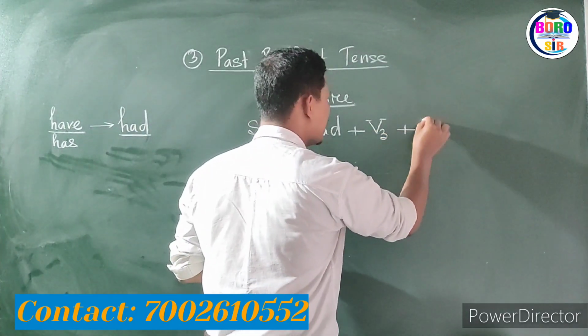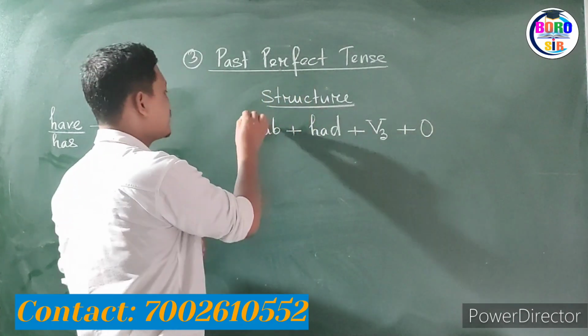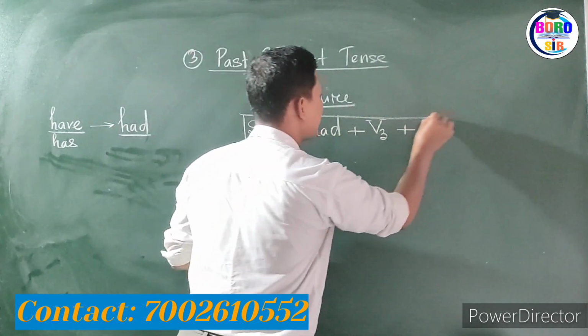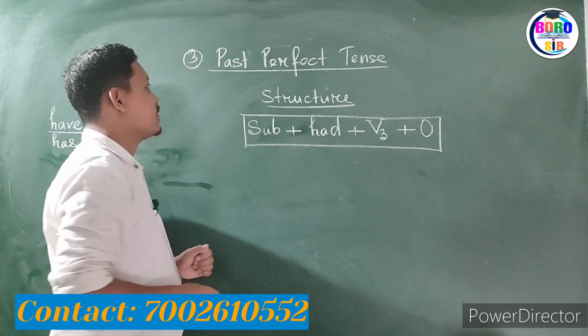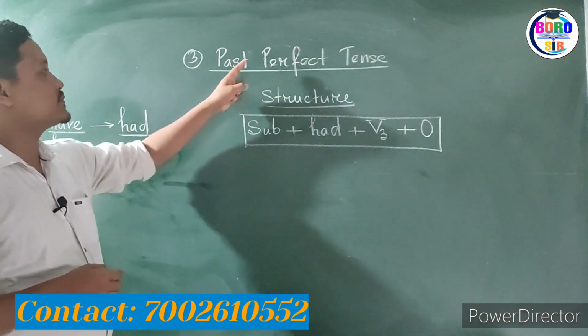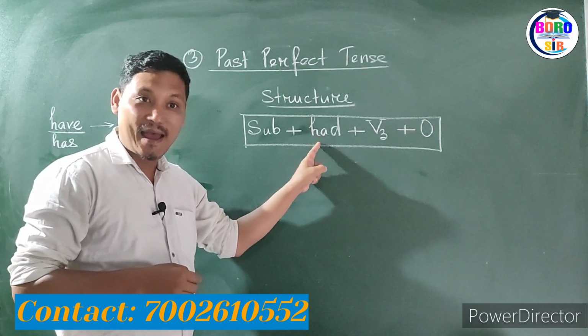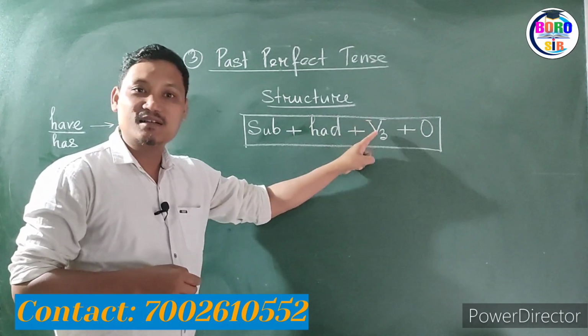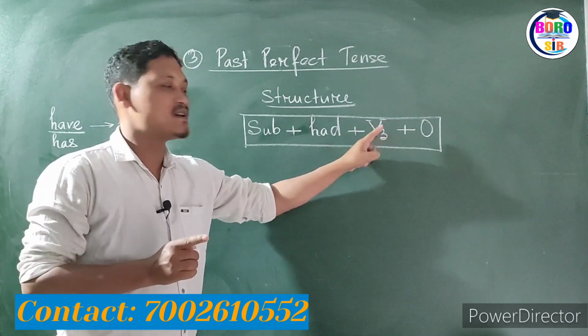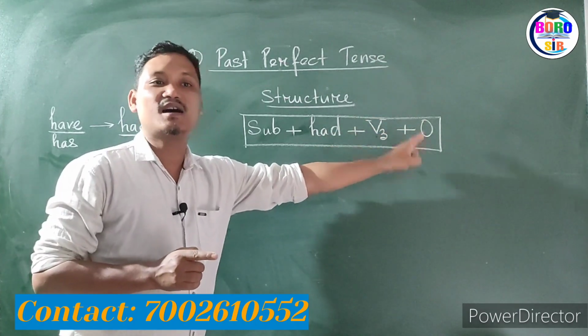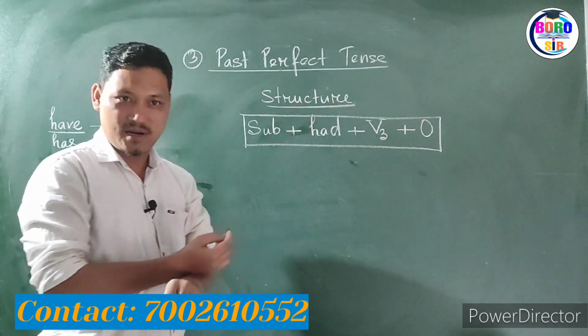Then after that we have the object. So the structure of the past perfect tense is subject plus had plus the third form of the main verb, then others or the object will come.